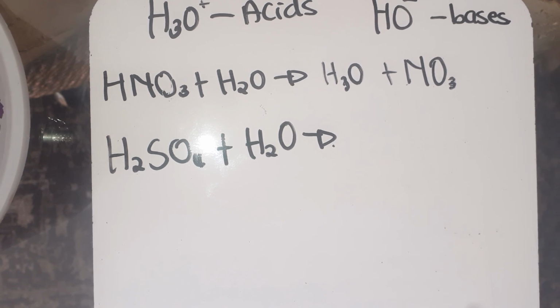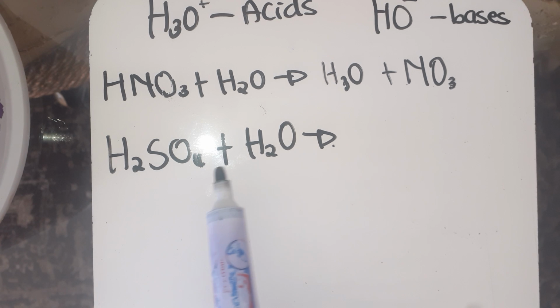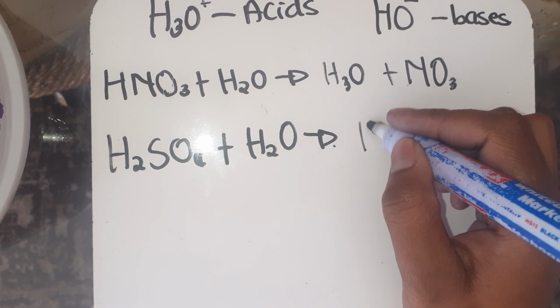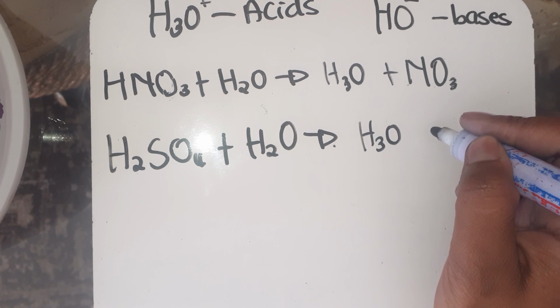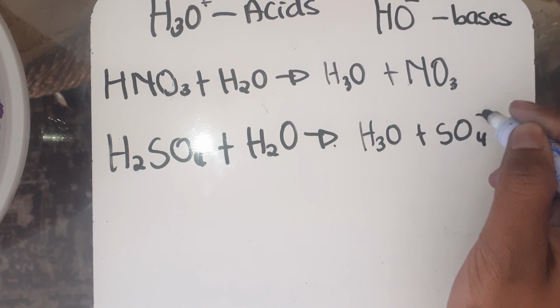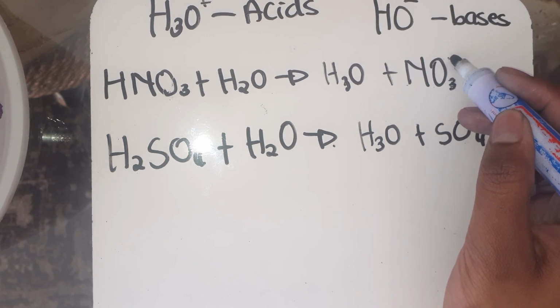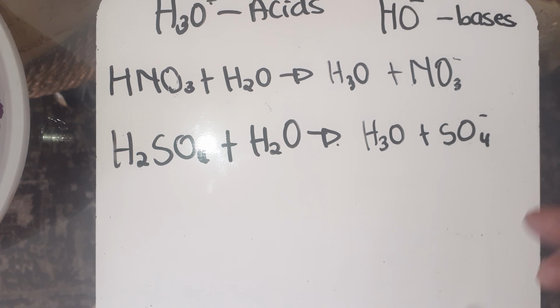All right. So we have H2SO4. This is an acid. It completely reacts with water. So we're gonna have H3O plus SO4. It becomes negative, and we have to include the negative there.